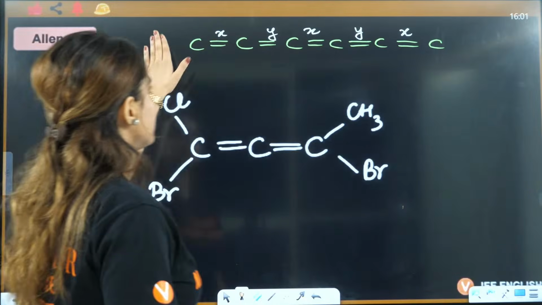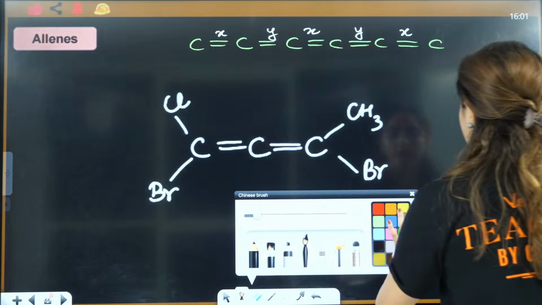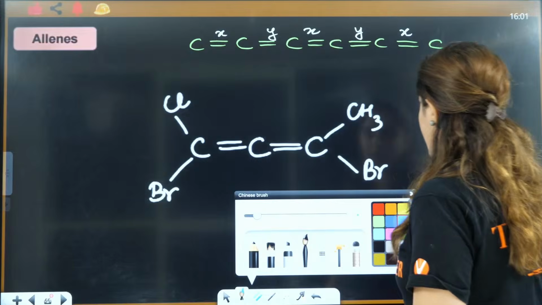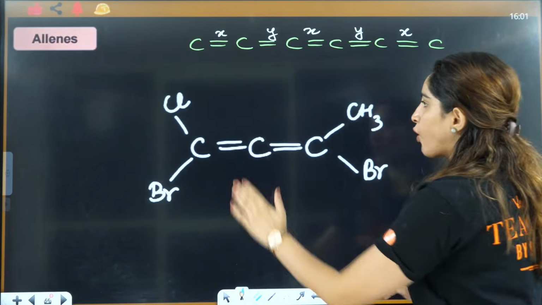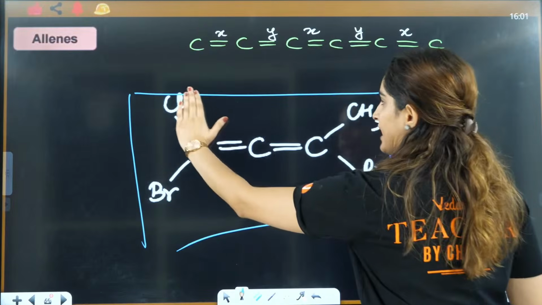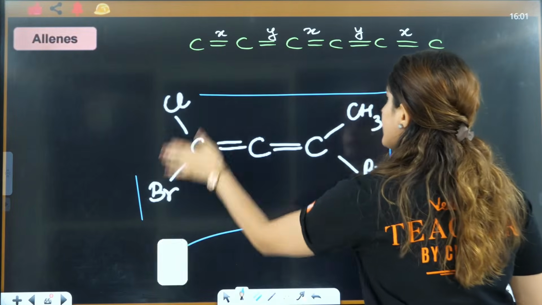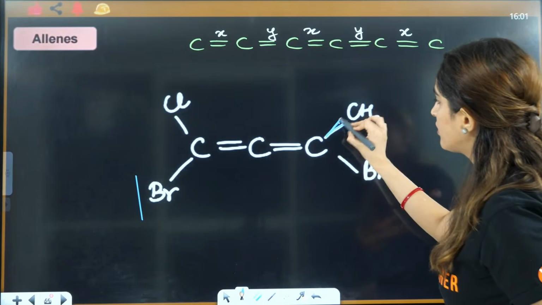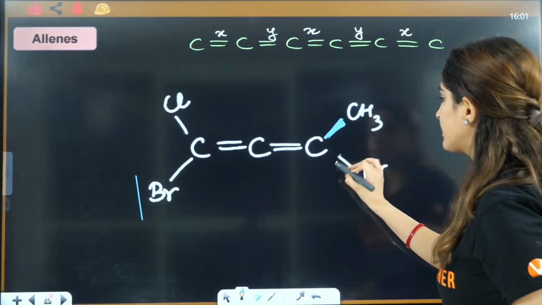These are allenes, right? Now, a simple trick: because they are perpendicular to each other, if this is on the X plane, then the other is going to be on a different plane, right.